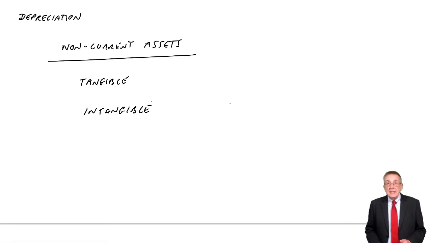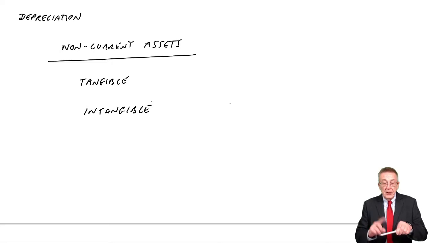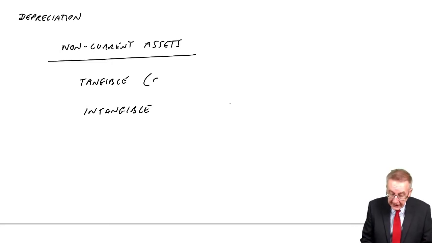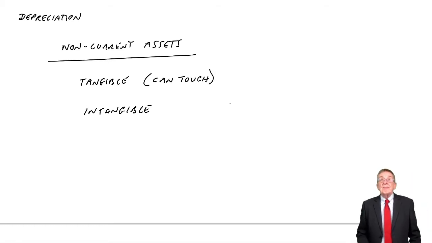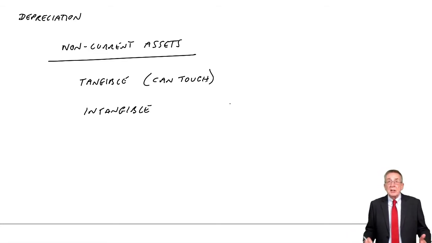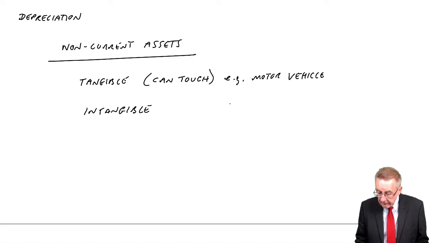Now, the word tangible means you can touch it. If you can touch something, I can touch that pen, it's tangible. And that's what most of the normal non-current assets are. You can touch motor vehicles, you can touch machines.